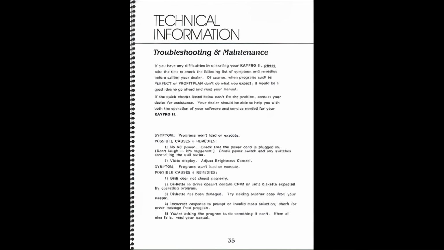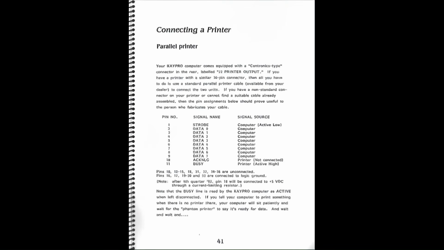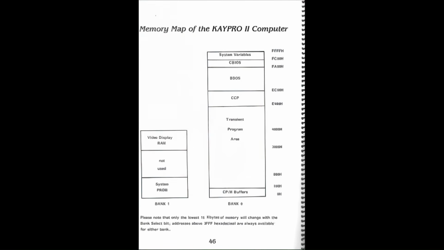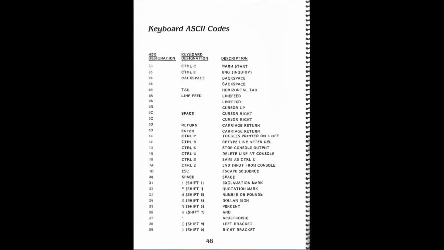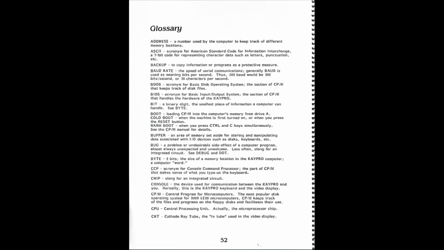And then a section which was a bit more technical, on how to troubleshoot warm and cold boots, the difference between those, and how to connect up peripherals like printers, for example. And right at the end, an appendix with some more hardcore technical information like a memory map, what the control keys do, and ASCII codes on the keyboard, and finally a glossary for all those confusing terms. So that gives you a feel of what the manual is like.